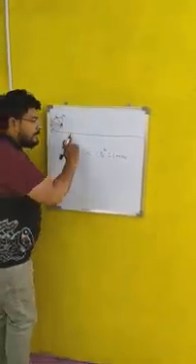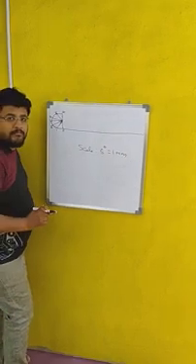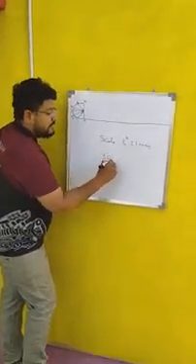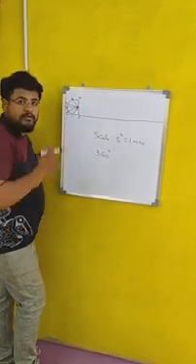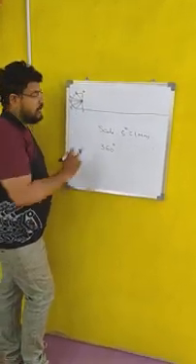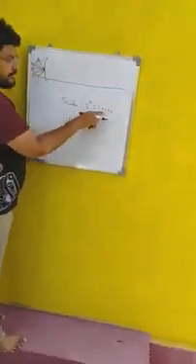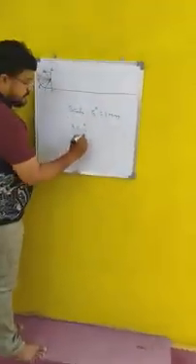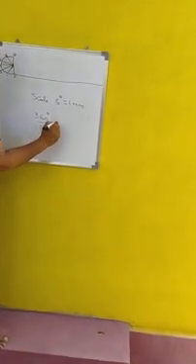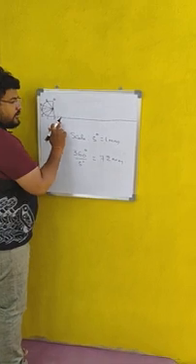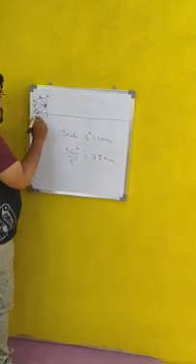That means for one complete revolution of cam, how many degrees takes place? 360 degrees will be covered for one complete revolution. Here also for 360 degrees, how many mm? If 5 degrees equals 1 mm, 360 degrees equals how much? 72 mm. That means you have to draw a line of 72 mm from 0.